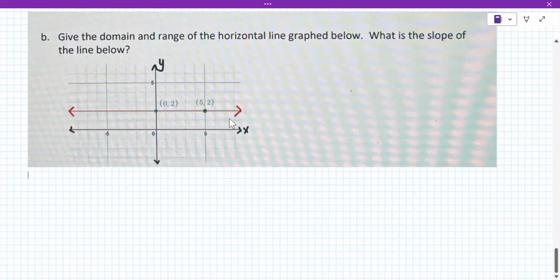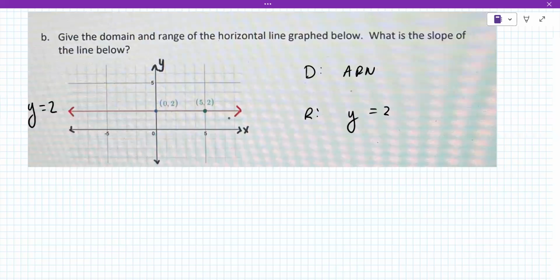Give the domain and range of the horizontal line graph below. What is the slope of the line below? Domain is all, and the range is y equals 2. Yep. That's also the equation of the line, right?